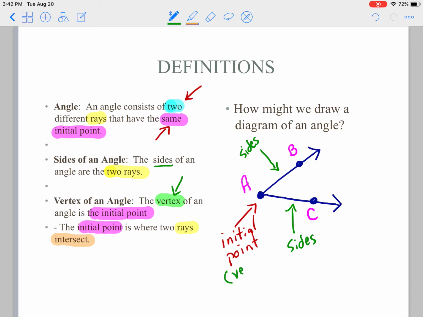So the vertex is the same as the initial point. So in this case, my vertex is point A. And so now I have an angle that I have drawn from two rays that share the same initial point. The sides of the angle are the rays themselves, and we call point A, or the initial point, the vertex of the angle.